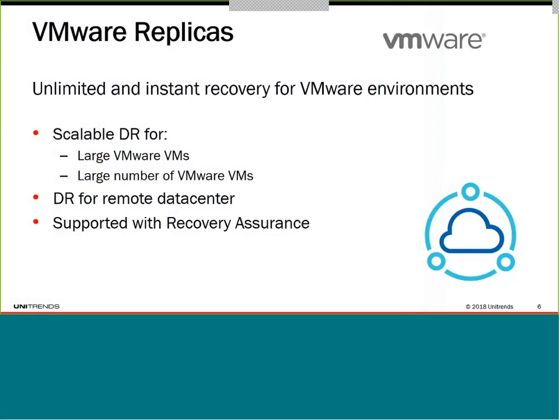But what you can do now is make a copy or a replica of the VMware environment on a remote server in a data center. This is not appropriate for the cloud. This is really data center to data center.